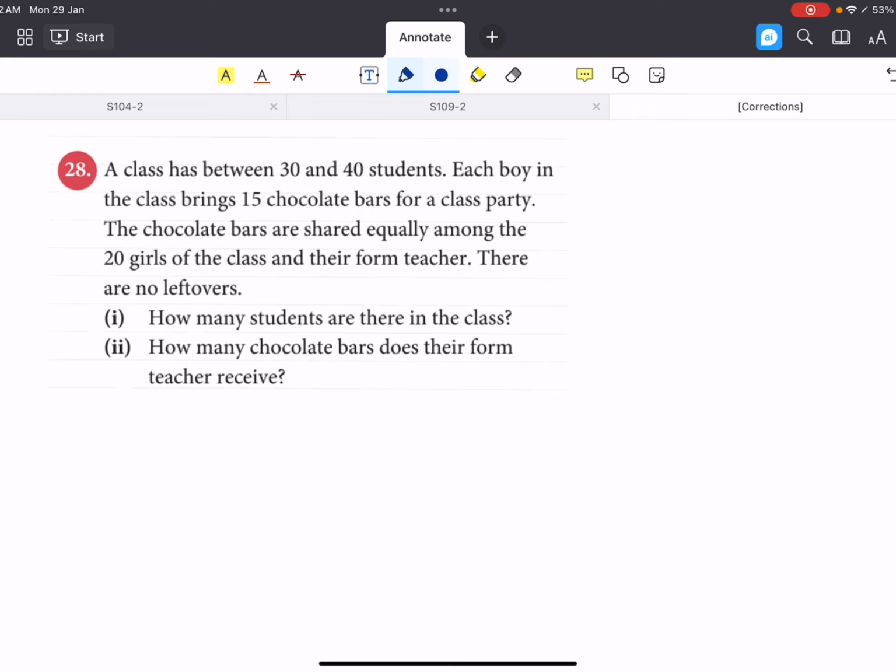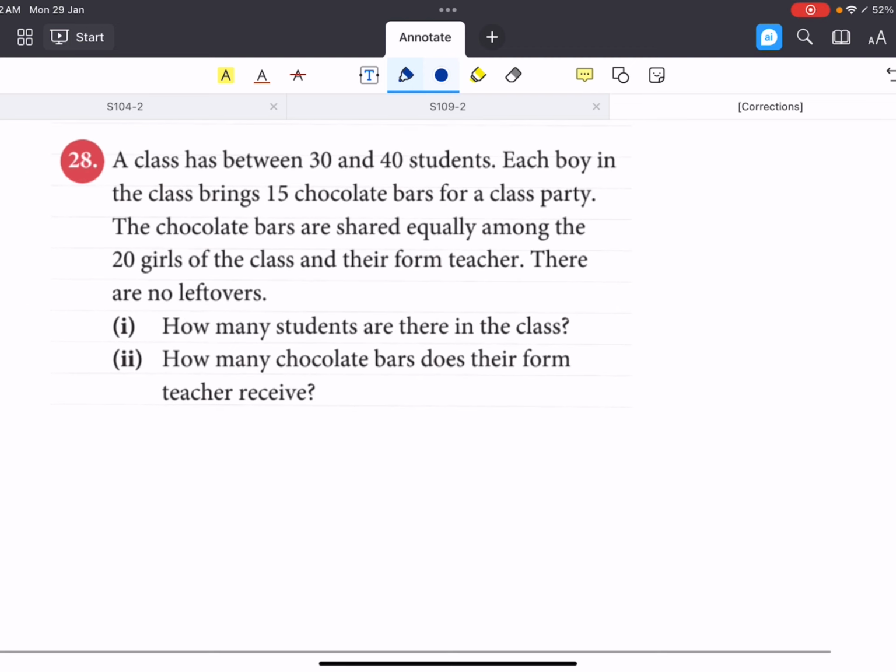So what we're looking for over here is actually the LCM of 15 and 21. The LCM of 15 and 21 will give us the number of chocolate bars. So from there, we can work out how many boys there are, and after that, we will know the number of students.